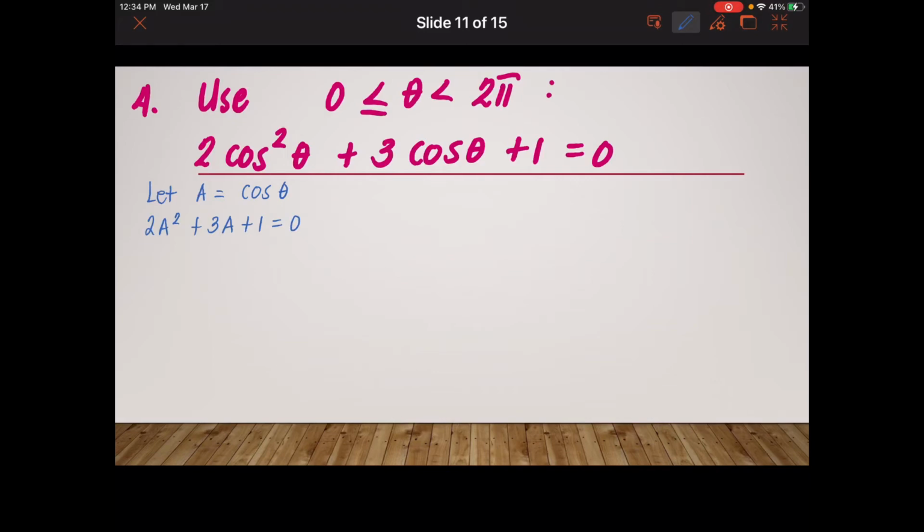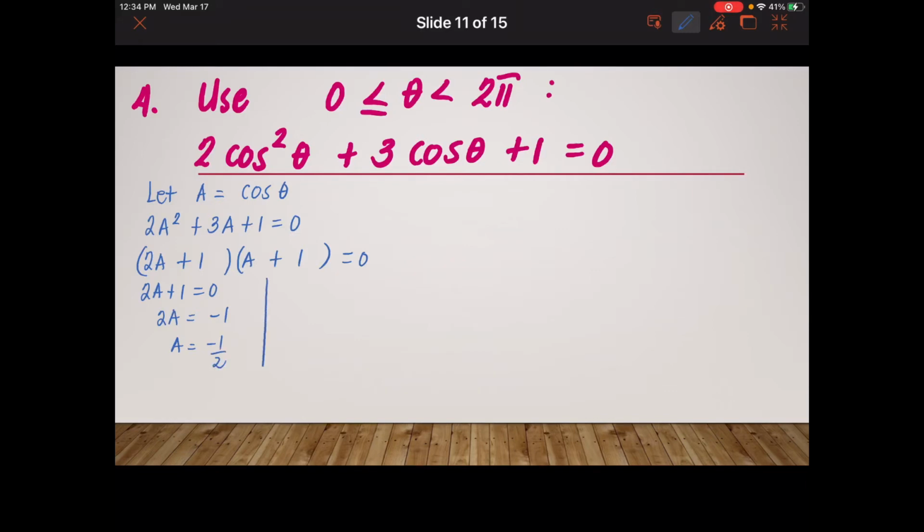Then you have to factor the given quadratic equation. So that would be 2a, then this is a, plus 1 and plus 1 equals 0. So 2a plus 1 is equal to 0. So my 2a is equal to negative 1, or a is equal to negative 1 half.